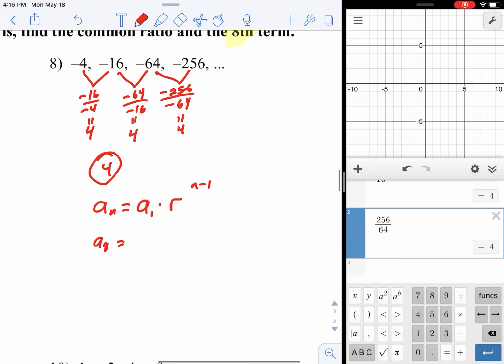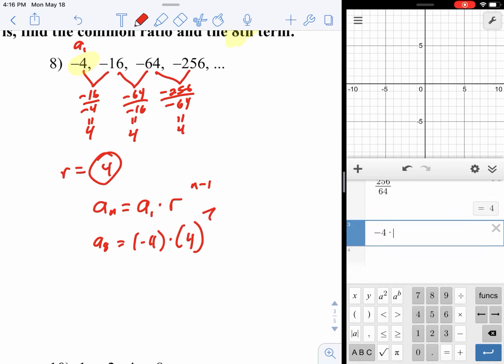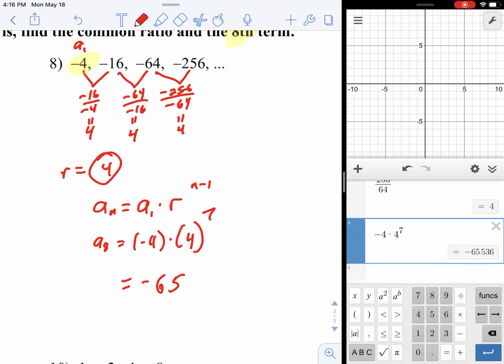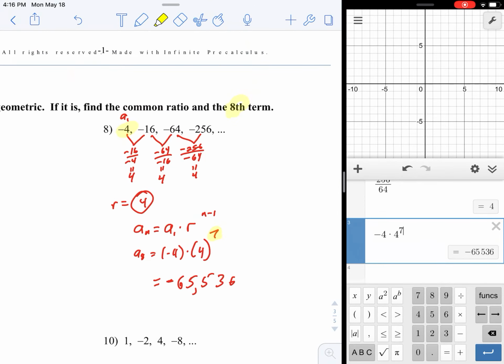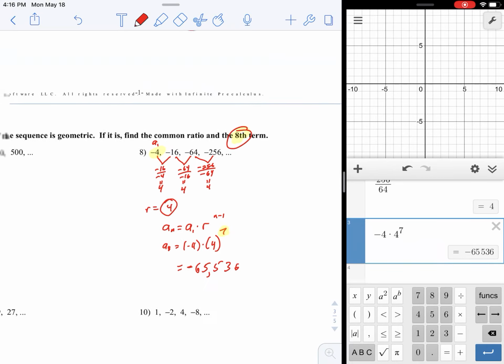So a1 is right here, that's negative 4, times r, which is 4, to the n minus 1 power, so this is going to be to the 7th power. So negative 4 times 4 raised to the 7th power, negative 65,536. And again, when you start raising numbers to powers, you get really, really big numbers, or if they're negative, really small numbers. But they get very unwieldy. So yeah, find the 8th term, find the 9th term, find the 5th term. That's the kind of thing you generally do here.